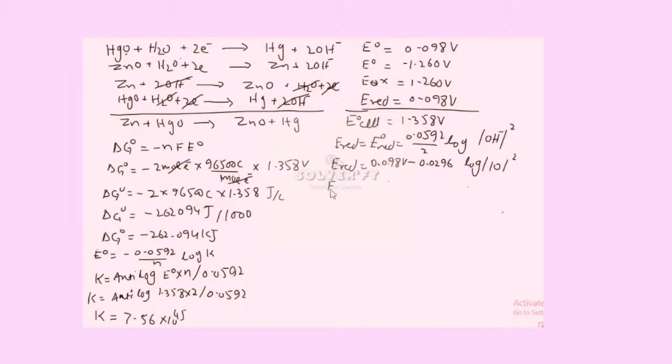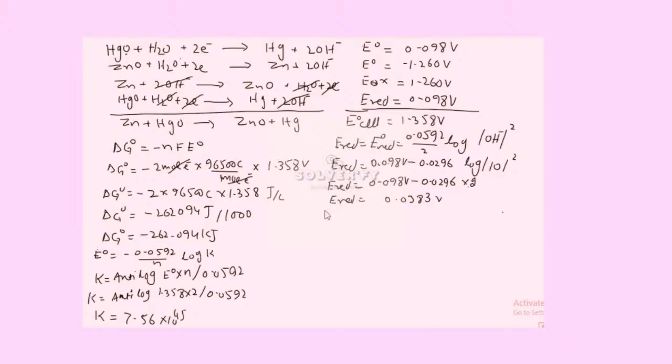So E reduction is equal to 0.098 volt minus 0.0296, where log of 10 raised to power 2 is equal to 2. So E reduction is equal to 0.0383 volt.